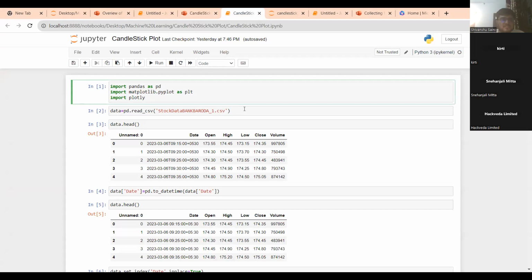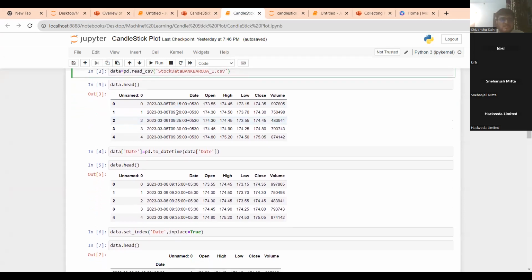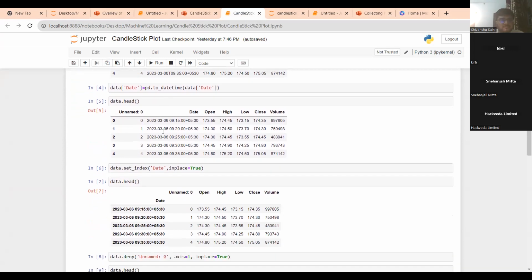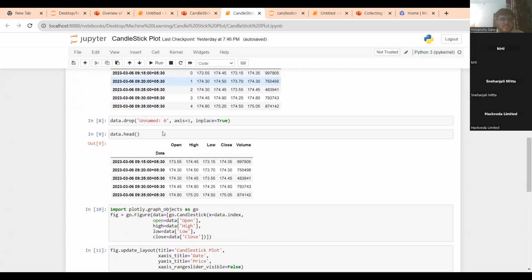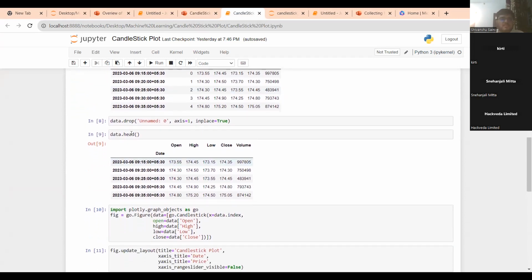Firstly, I have read the file, stock data Bank of Baroda CSV, and used head to see the first five rows of the data. Then I have converted date to datetime format. Then data.head. Then I have dropped the column Unnamed: 0.